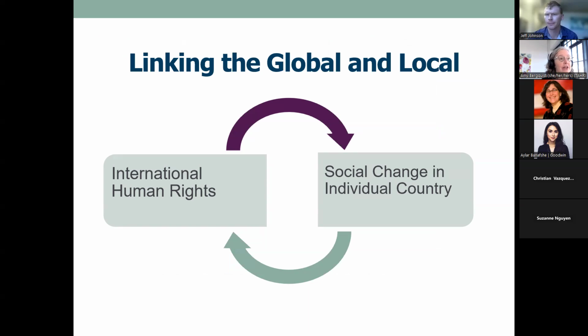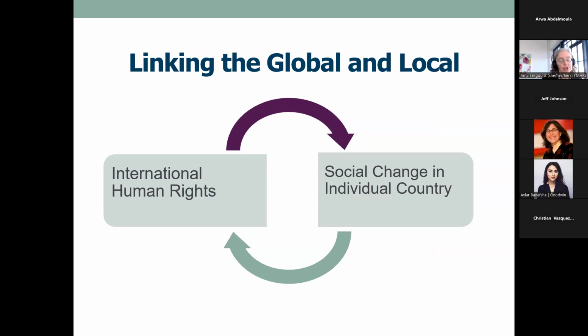The underlying theory behind our advocacy at the United Nations is connecting the global and the local. We have our local partners that are pushing for social change, specifically in this case for abolition of the death penalty, and they are working to press their governments to move in that direction. Those partner organizations and their constituents and the people with lived experience share information with the international human rights mechanisms.